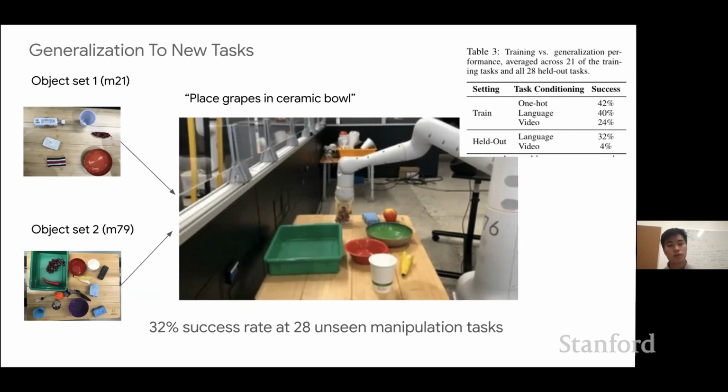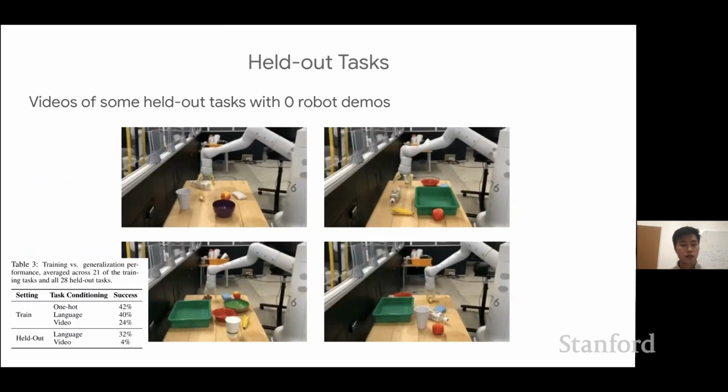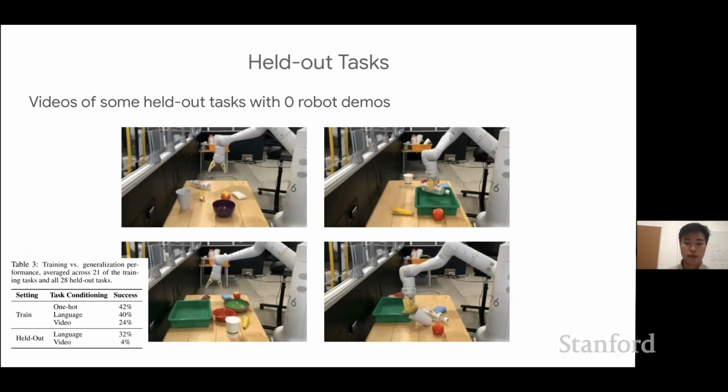So it's never seen the grapes and the ceramic bowl in the same image in the training data. And it hasn't been trained on the sentence, place the grapes in the ceramic bowl, but it'll still generalize and do the correct behavior. Here's some other videos of the held out tasks that it can do.